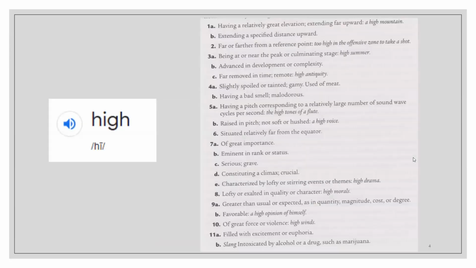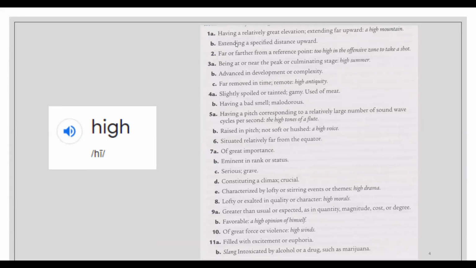Okay. Think of the word high. Look at these dictionary definitions. This is, again, if we treat this as one word, we would say this is one word with at least 11 definitions with maybe some subsets of definition.